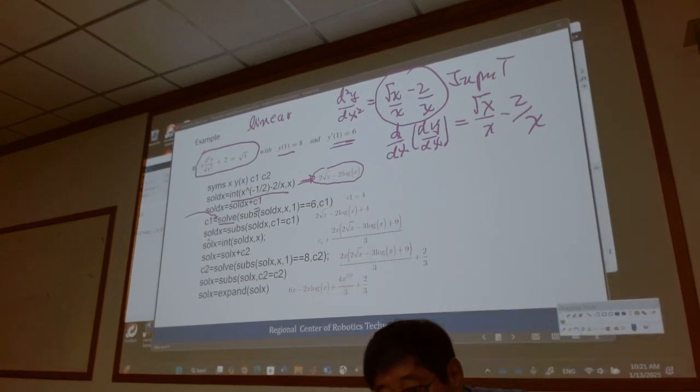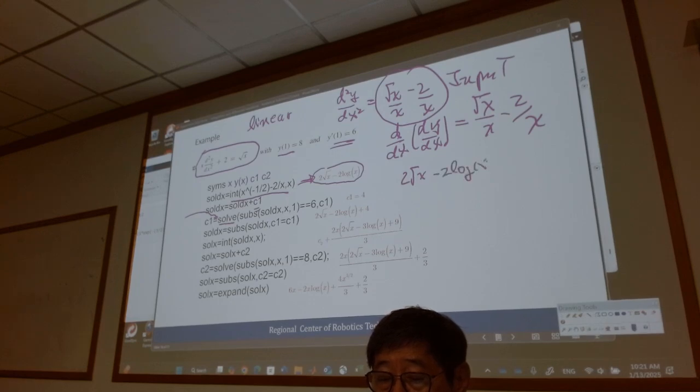Right? You have this one, 2 square root x minus 2 log x plus c1, right? This one equals dy by dx, right?